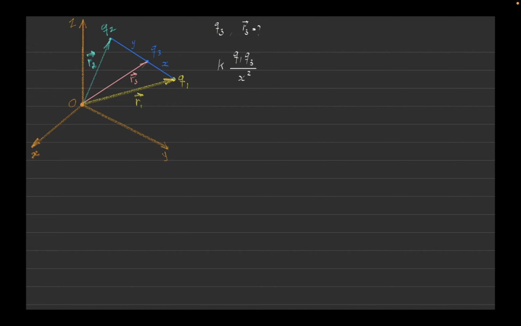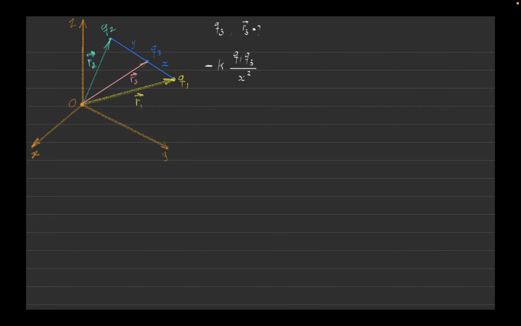But be careful, I am talking about the magnitude. This cannot be a magnitude because according to the problem, Q3 is negative. So if I want to make it a magnitude, I have to make sure it's positive. So this is why I put a minus sign. This is the magnitude of the attraction force between Q1 and Q3.